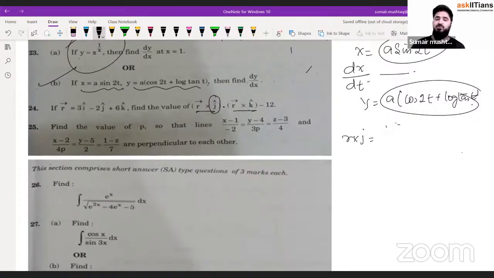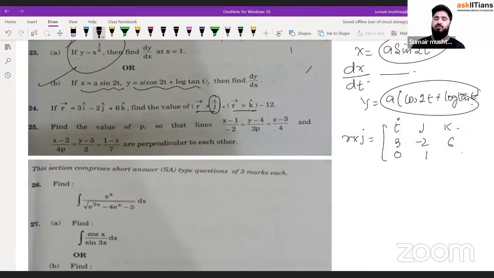This will be equal to the matrix i j k, coordinates of r, this is 3, negative 2 and 6, right? Okay, what are the coordinates of j?